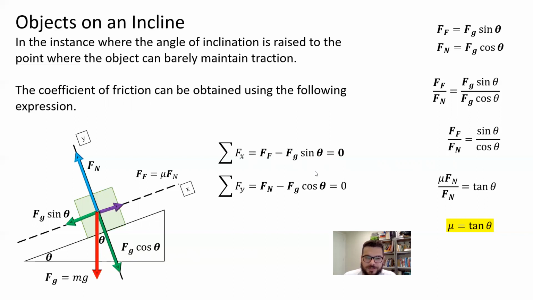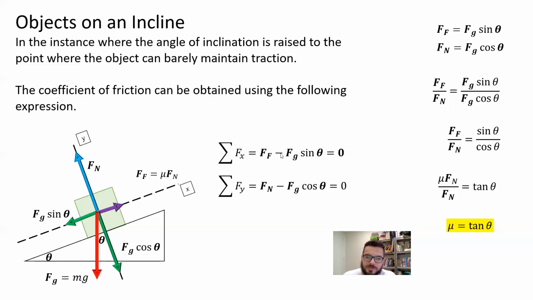What we can do, because these two equations that we've derived relate to each other, is substitute them into one another, or divide them by each other, and simplify that to come up with an elegant discovery. That's what I've gone on to do here.